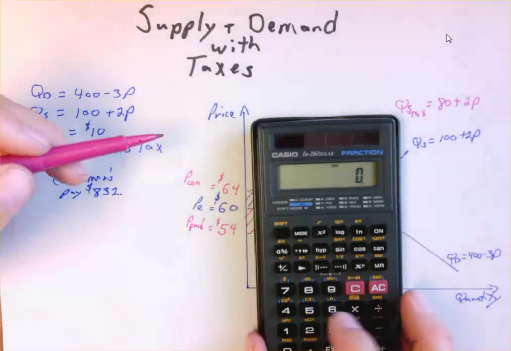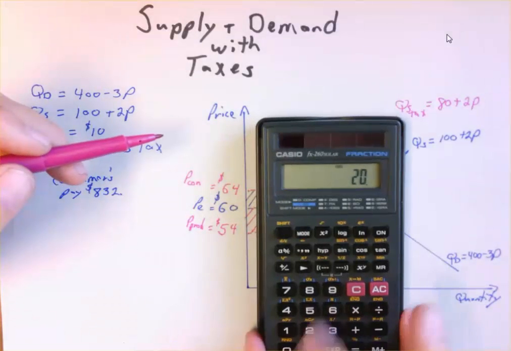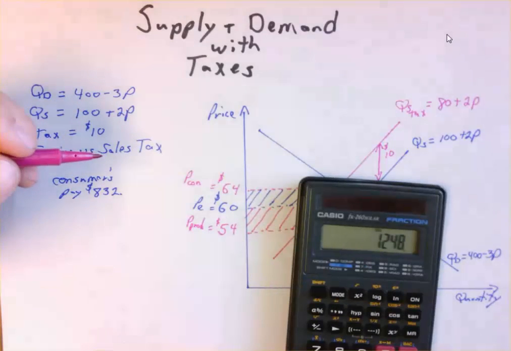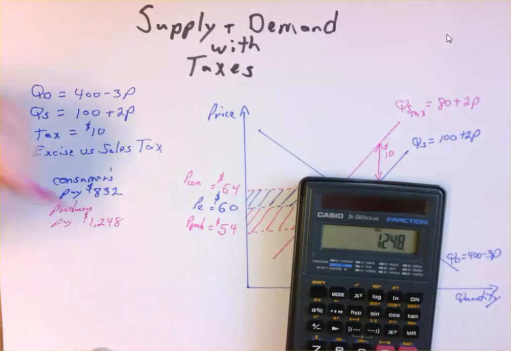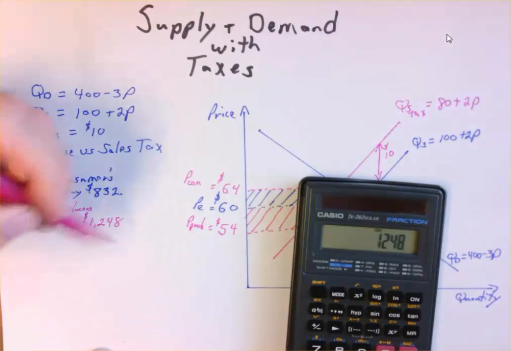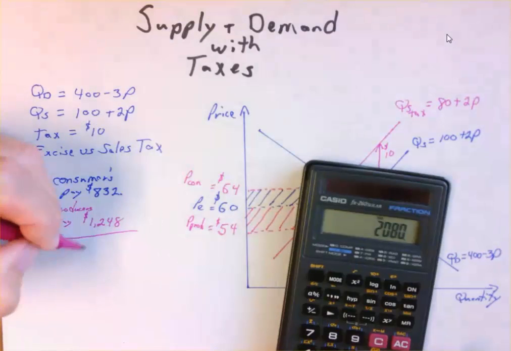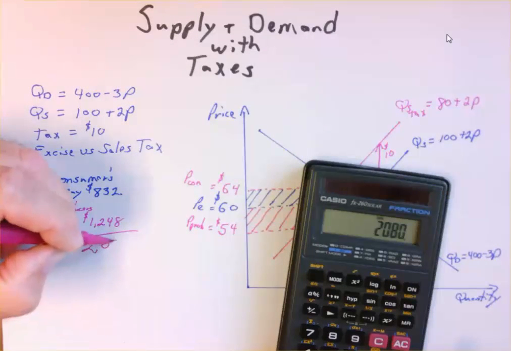So in their case, it'd be 6 times 208. So producers paid $1,248. So in this example, producers pay a little bit more than consumers, and the total tax revenue generated can be found one of two ways. You can add up what producers and consumers paid. I get $2,080.